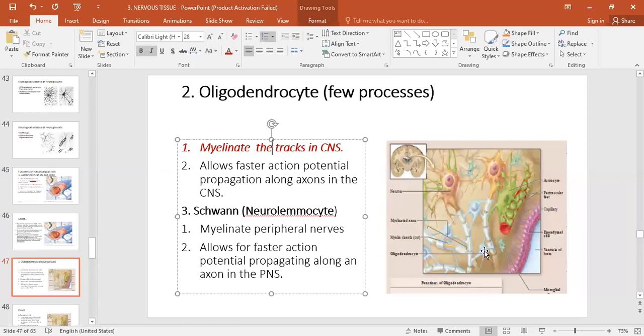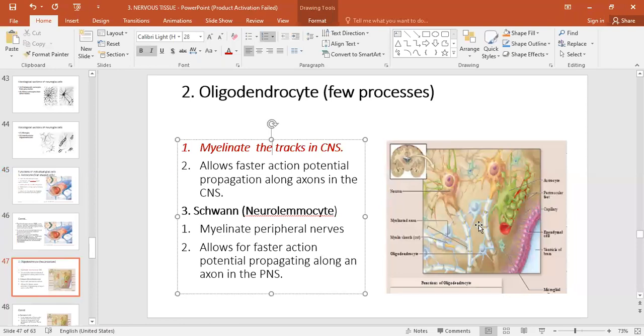So it will extend a lot of extensions from the cell body to go and cover so many neurons. Like here, you see this is one oligodendrocyte. It is covering this cell, and that cell, or axon, sorry. This axon, that axon, this axon. So 1, 2, 3, 4.